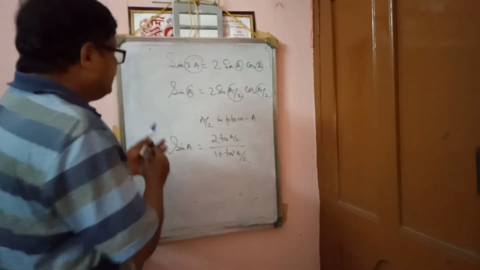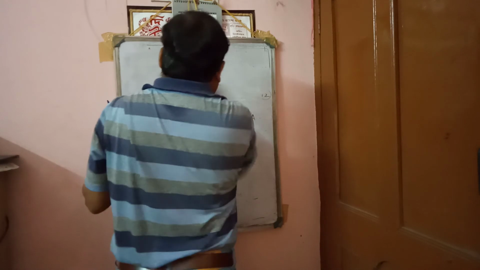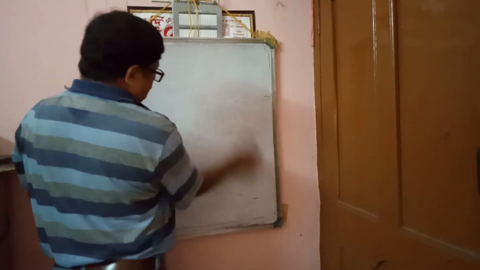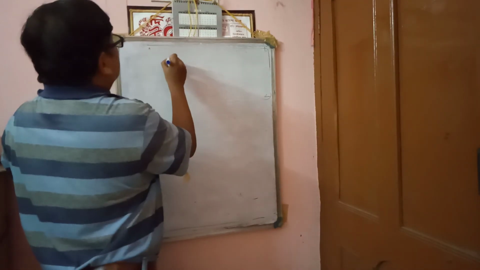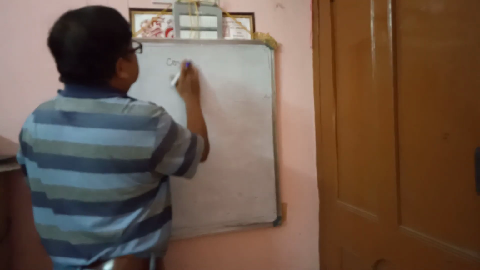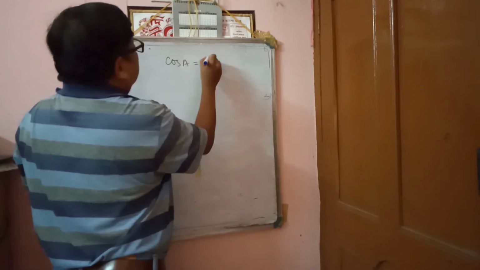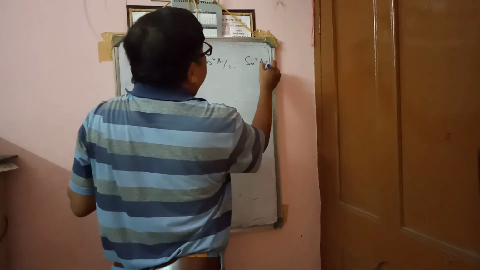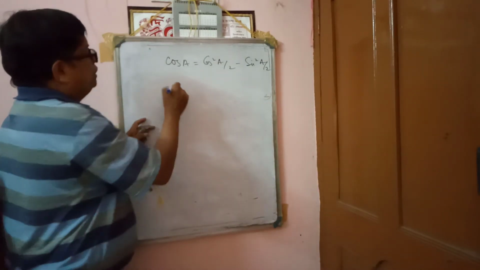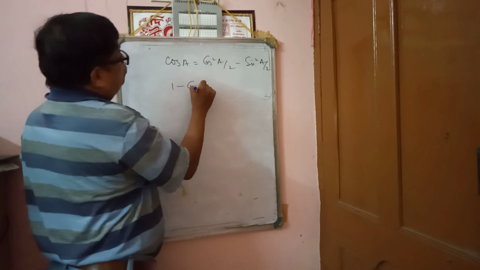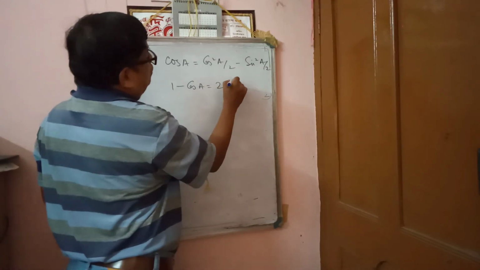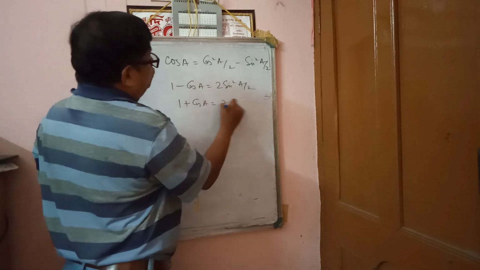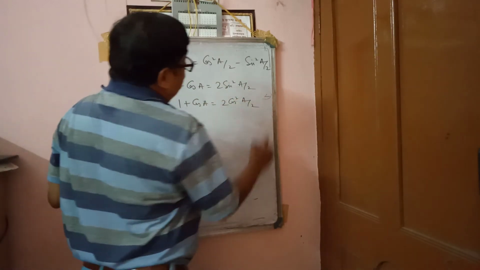Similar formula again. Cos A we can write as cos square A by 2 minus sin square A by 2. And 1 minus cos A we can write as 2 sin square A by 2. 1 plus cos A we can write as 2 cos square A by 2.